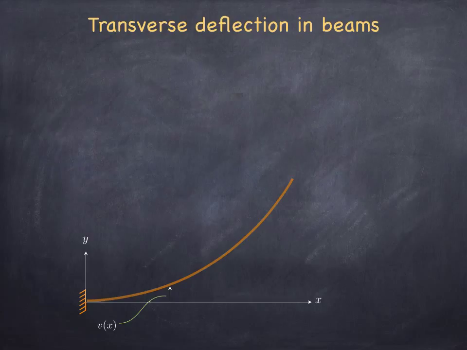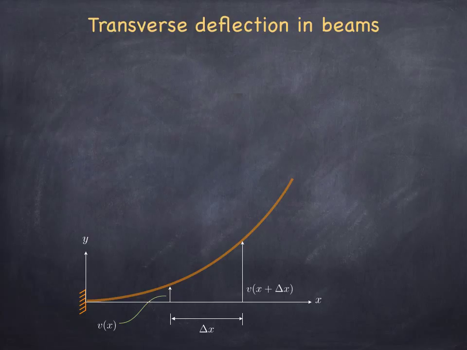So if at position x the value of the transverse deflection is V(x), then a little distance away from this position along the axial length of the beam, I'm going to be encountering in general a different deflection, which I denote here as V at x plus delta x. What I'm going to do is connect those 2 points on the neutral plane, which is what I'm drawing here.